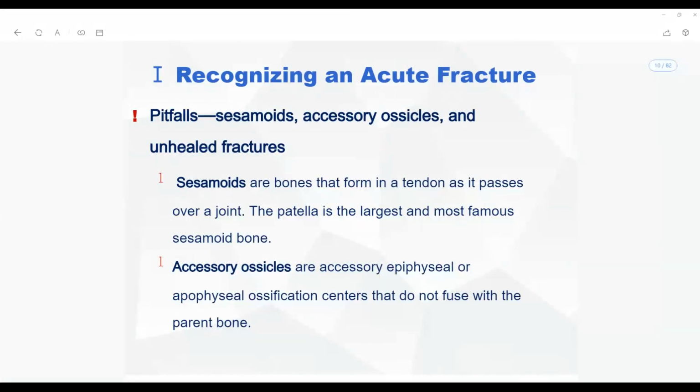Metatarsal apophysis. Okay, let me find out. Okay, nice.